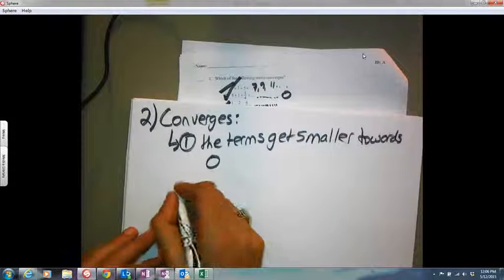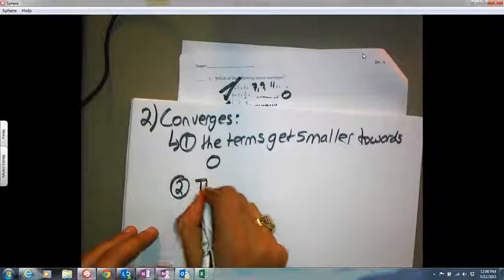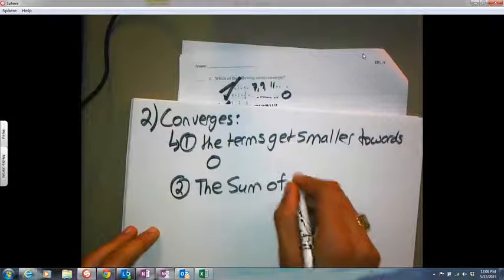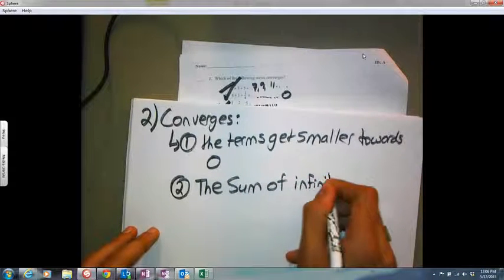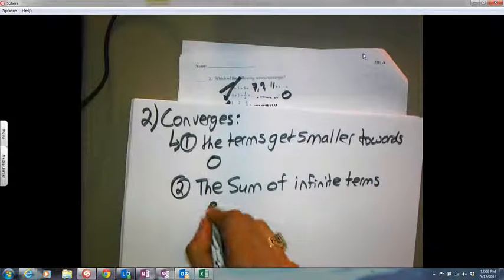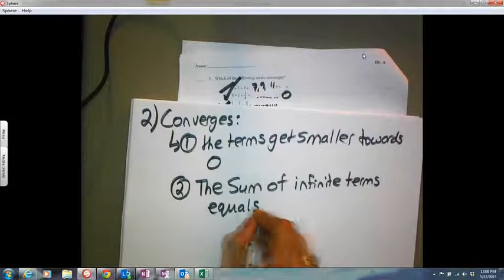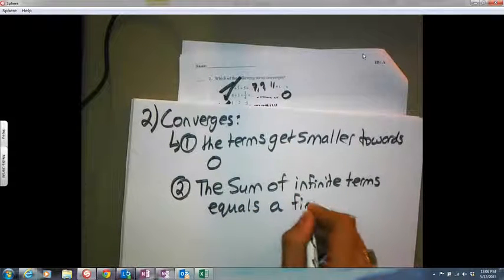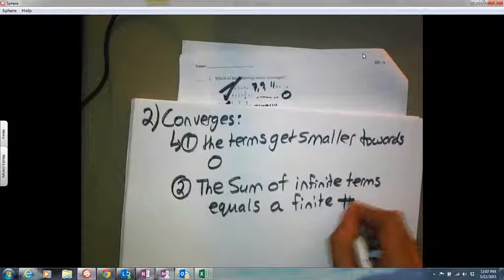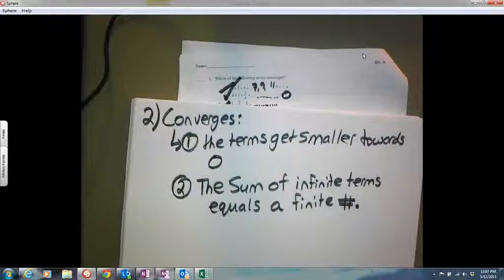Second thing is the sum of all terms, or of infinite terms if you want, the infinite sum equals a finite, which means not infinity, finite number. Those are 2 things about converging that we need to know. Terms get smaller towards 0, and the sum equals a finite number.